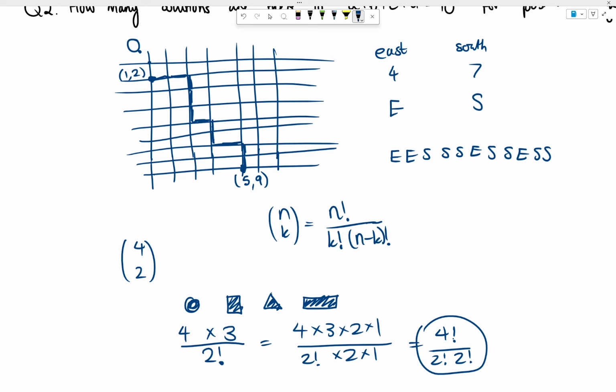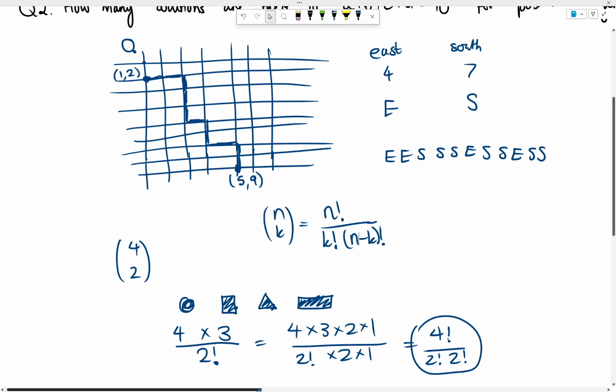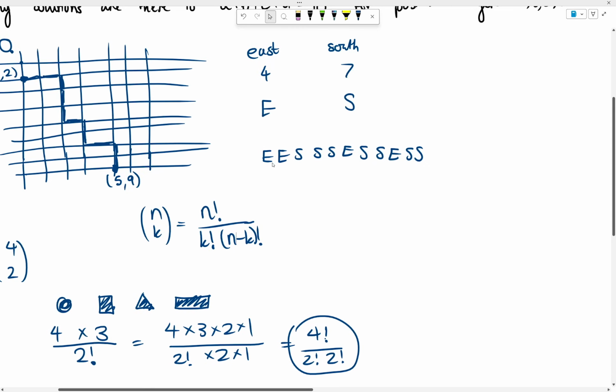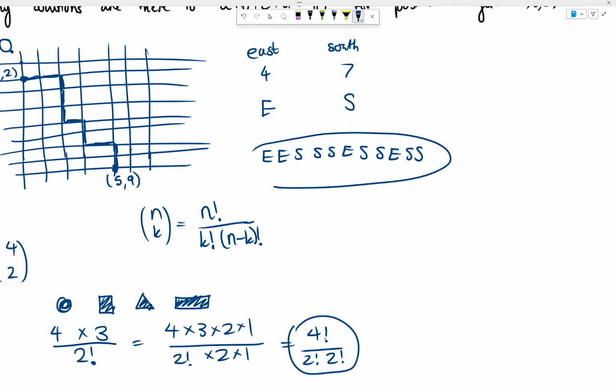Okay, so with this problem, what we're doing is we have 11 instructions in total, and we're choosing 4 of them to be east. So what we're trying to find is the value of 11 choose 4.